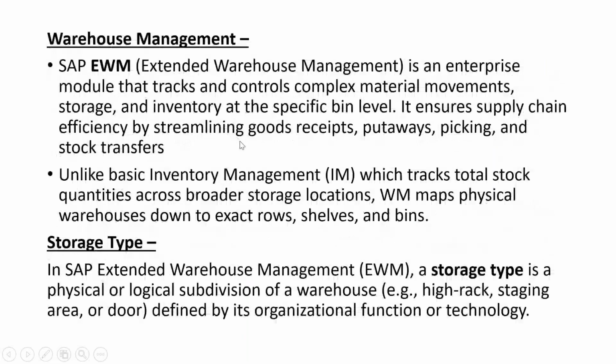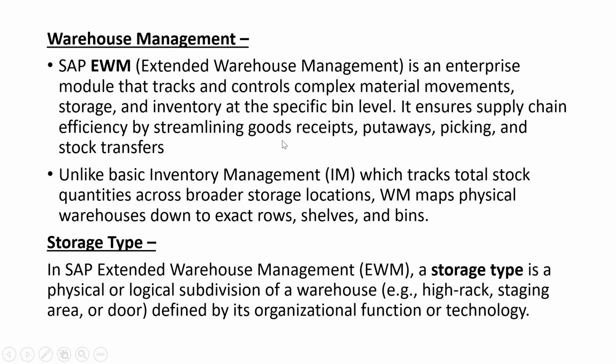So what can a warehouse do? A warehouse can track complex material movements, where it is stored, which specific bin they are placed in, and improve supply chain efficiency by streamlining goods receipts. Suppose today we are going to receive 10 trucks. We have a schedule.